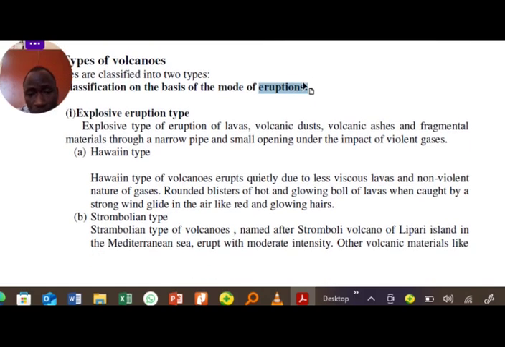Then we have different types in there, or types that are being formed. We have what we call the Hawaiian types of volcanoes.